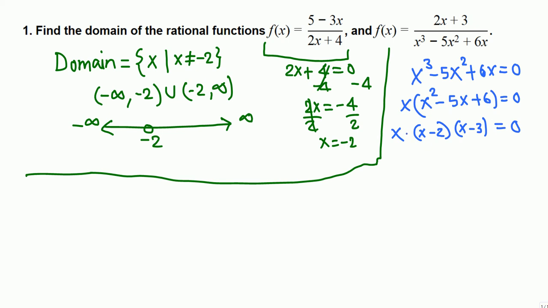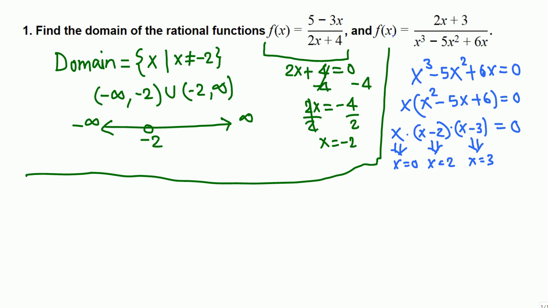So we have a product of three things: x times (x - 2) times (x - 3) equals 0. From this factor x = 0, from this factor x = 2, from this factor x = 3. So x = 0 or x = 2 or x = 3, these three values make the bottom 0 and this function undefined.